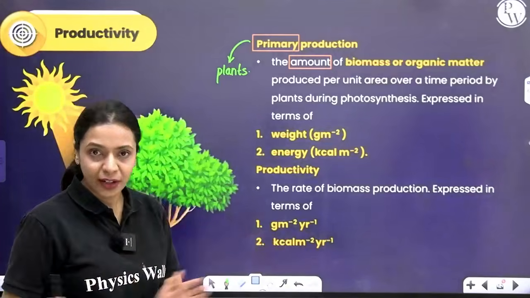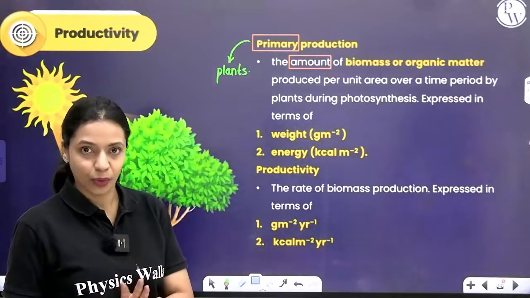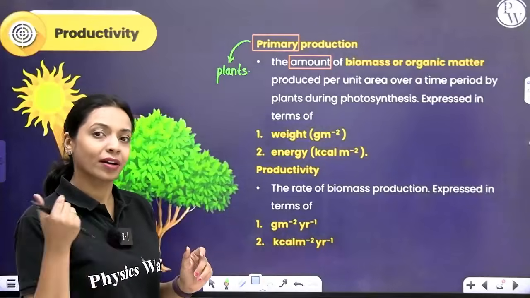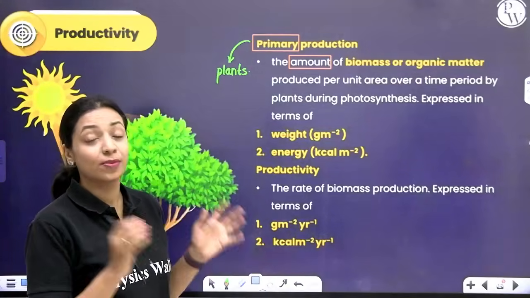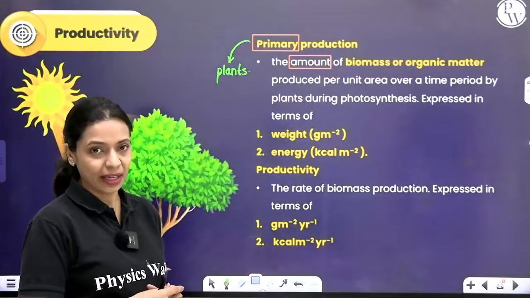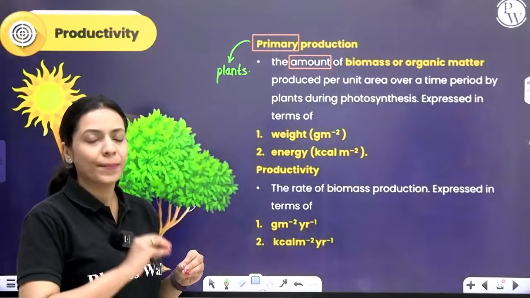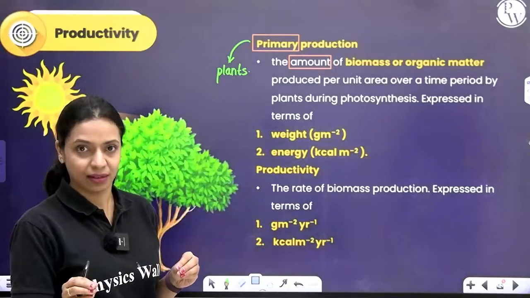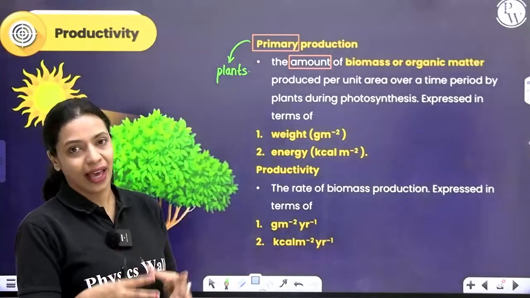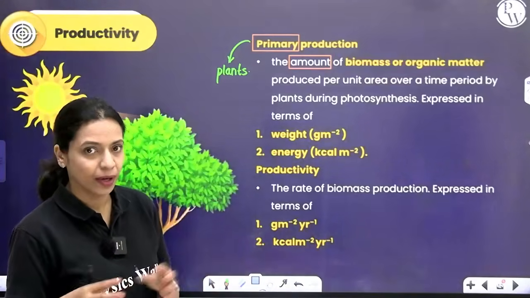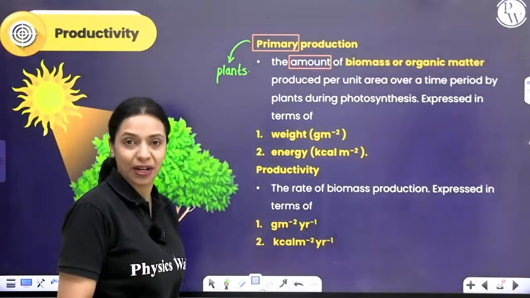Conventionally, we consider it over a period of 1 year, annually, okay? So if you're considering a 1 year period, what was the productivity? Then if you're expressing it in terms of weight, it would be X grams per meter square per year. If it's in terms of energy, it would be X kilocalories per meter square per year. That is how you would express it.